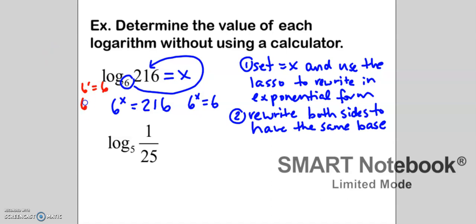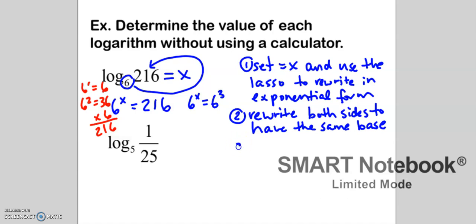I know that 6 to the 2 is 36. And that's basically as much as I have memorized for 6's. So let me just by hand do 36 times 36 and see what that gives me. And that gives me 216. So 6 to the x equals 6 to the 3.